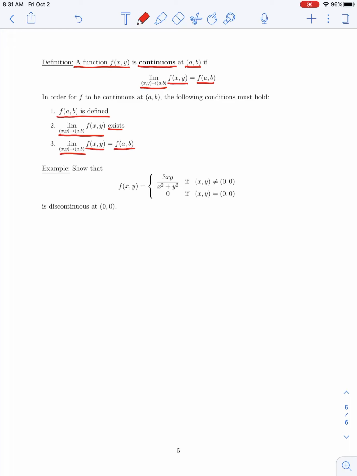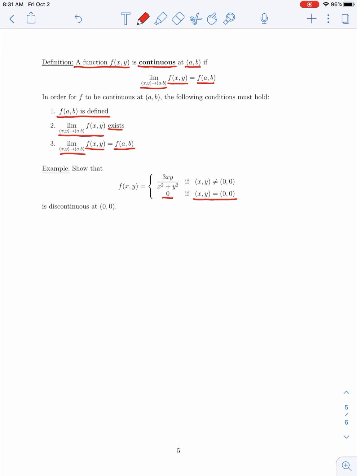So in our last example, we're asked to show that the function f of xy, which is defined here as a piecewise function, is discontinuous at the origin. So here we have a piecewise defined function of two variables. If xy is equal to 0, 0, then our function is defined as 0.